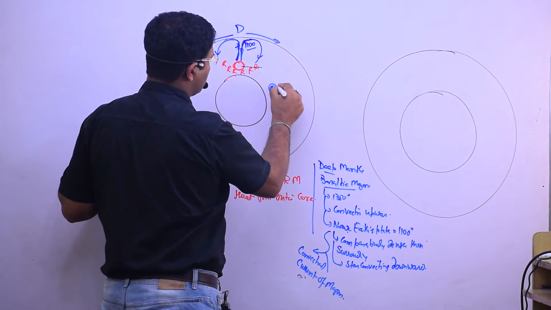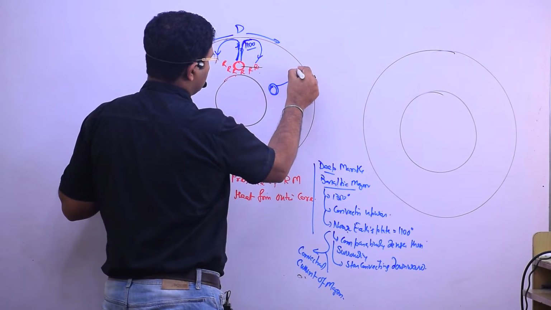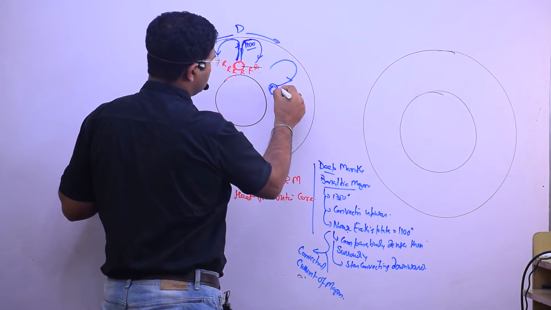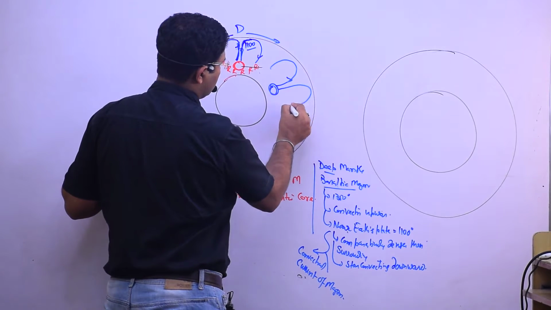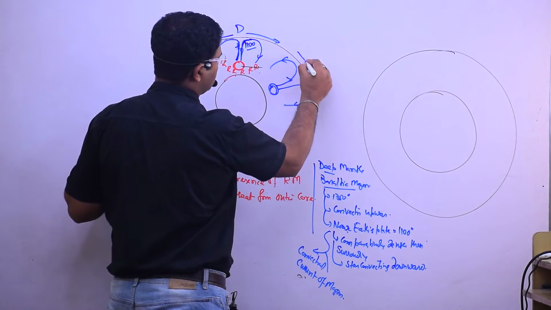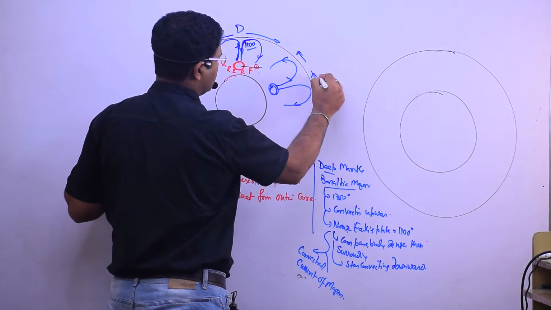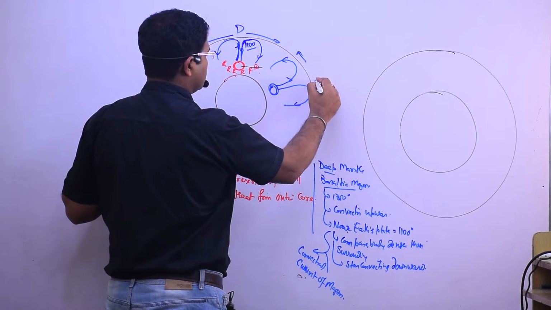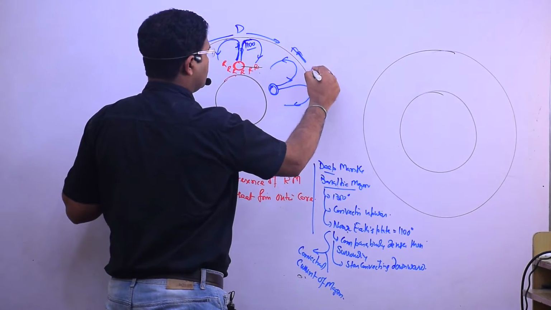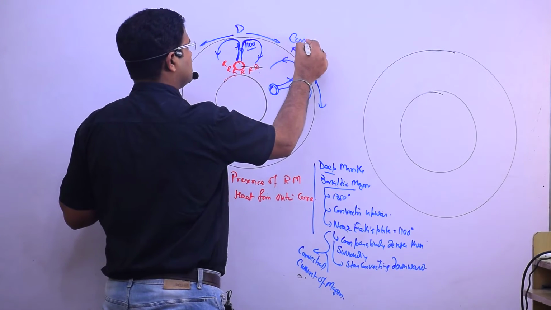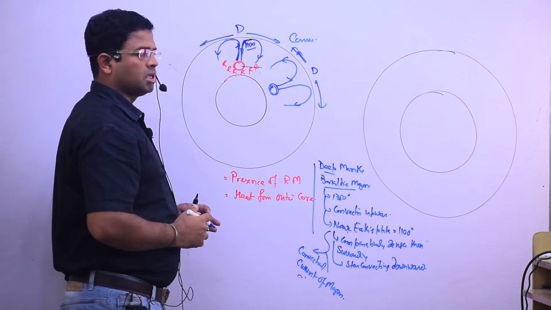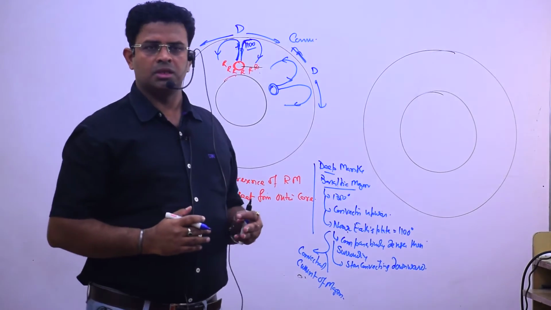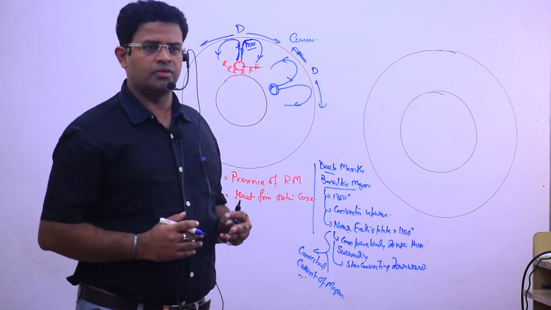And then another magma is similarly convecting upward, and then downward convection led to another divergence. The two divergences led to one convergence. This is a convectional current of magma.